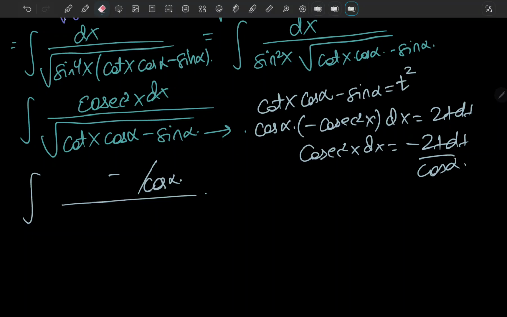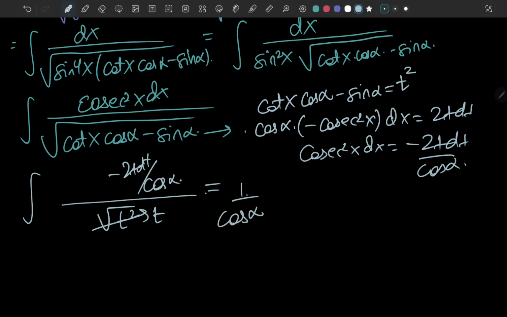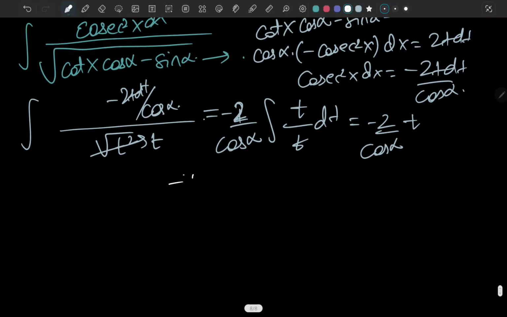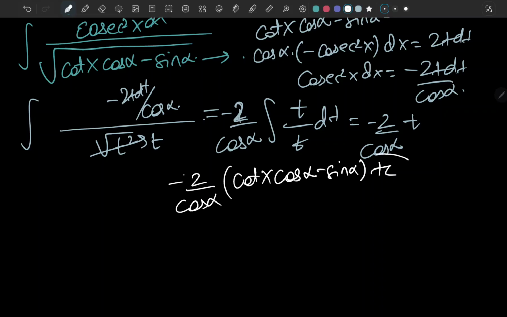So let me just replace with that 2t dt, and we are having t squared, so the square root of t squared is just t, and it becomes 1 over cos alpha with minus 2 times the integral of t over t dt. So this becomes minus 2 over cos alpha of t, and finally this becomes minus 2 over cos alpha. T was cotangent of x times cosine of alpha minus sine of alpha plus c.